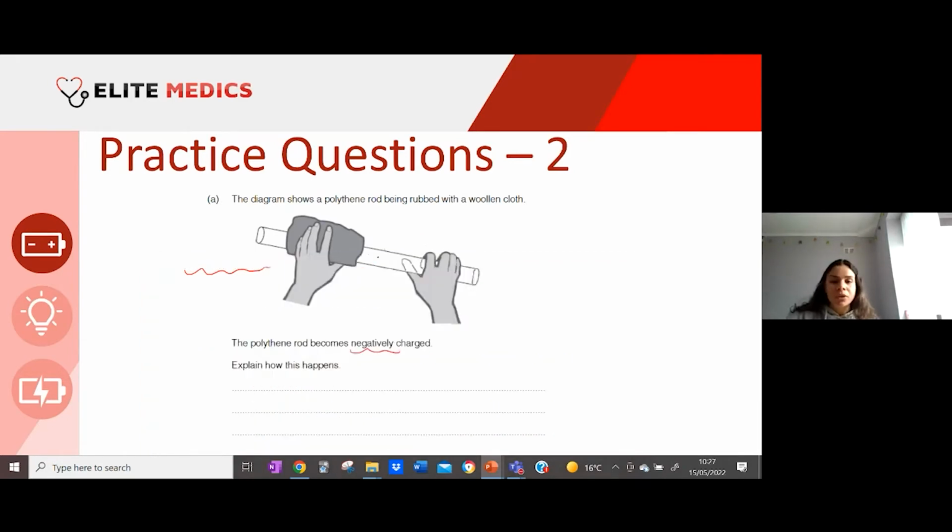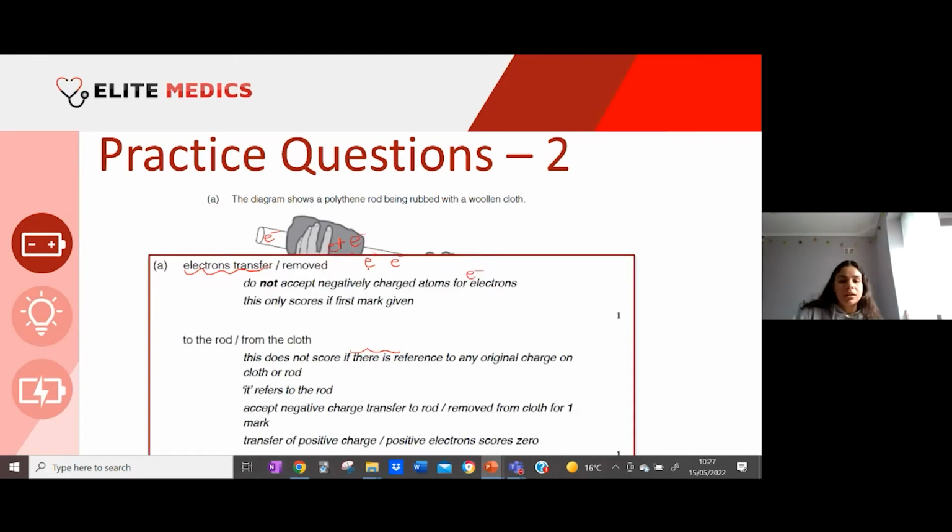So you know that now this rod has a negative charge because you've rubbed it. If electrons have been transferred to the rod, you know that there's been a transfer from the cloth, and the cloth now has a positive charge. So, electron transfer from the cloth to the rod. Yeah, perfect. And then you get all your marks.